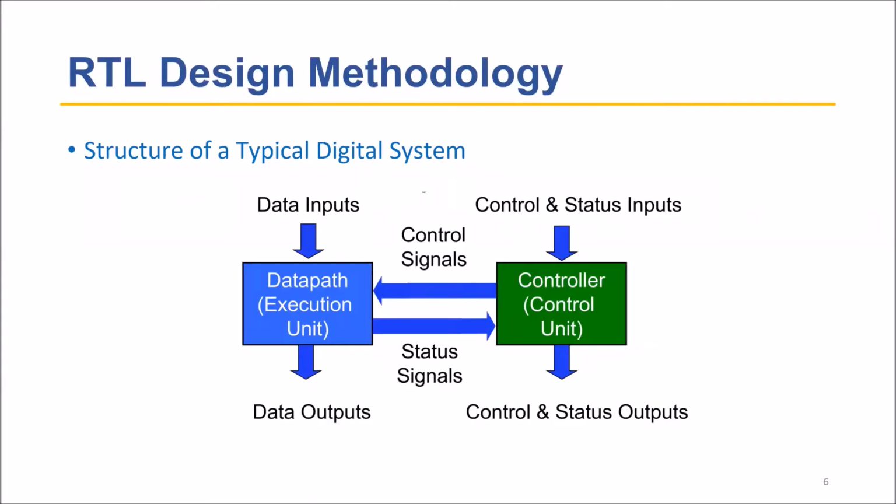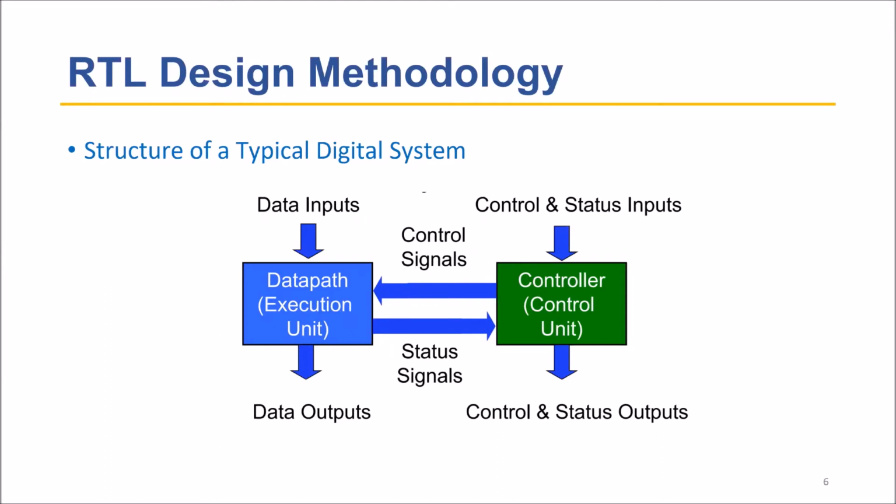Let's first look at the structure of a typical digital system. As you can see, a digital hardware usually consists of 2 units: a data path, which is the execution unit, and a controller, which is the control unit. Input data goes to data path, and the output data will be generated by data path.